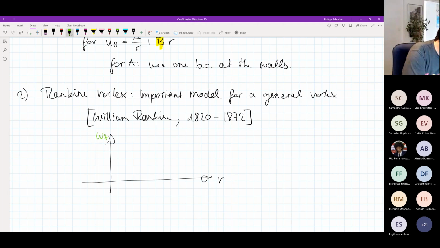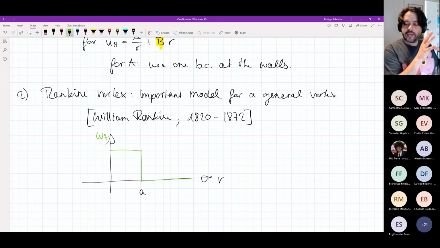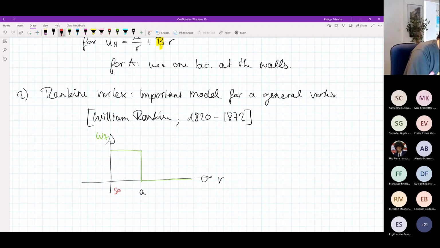So the vorticity would have a constant value up to a certain distance, which I can call A, and then it would drop to 0. So I have a core with a radius of A, which has a constant vorticity, and then everything else would have 0 vorticity.